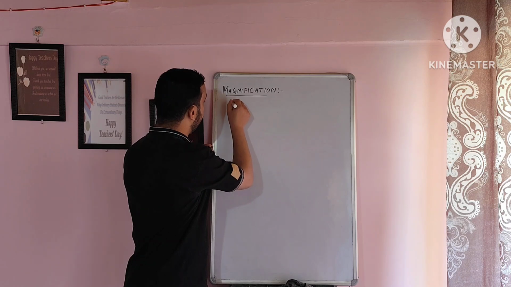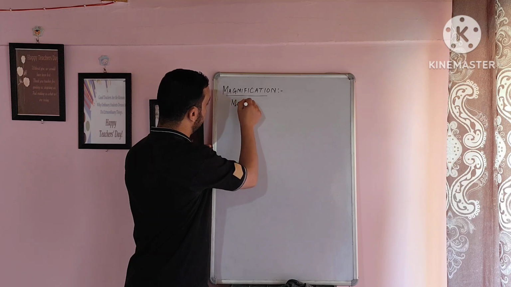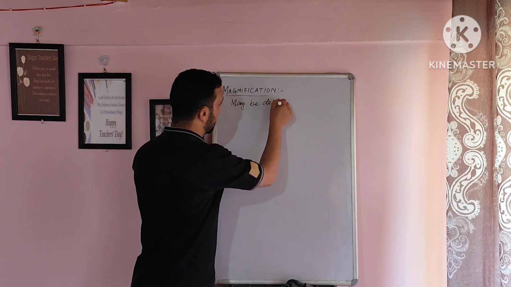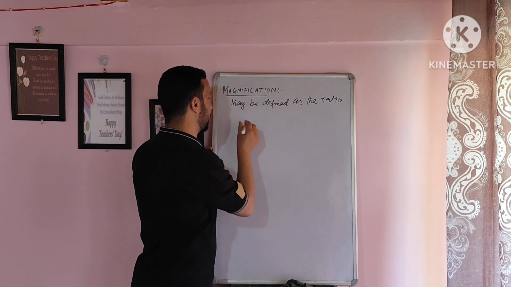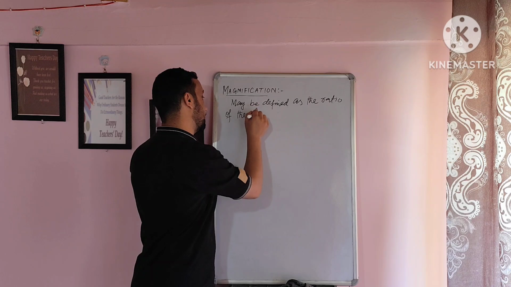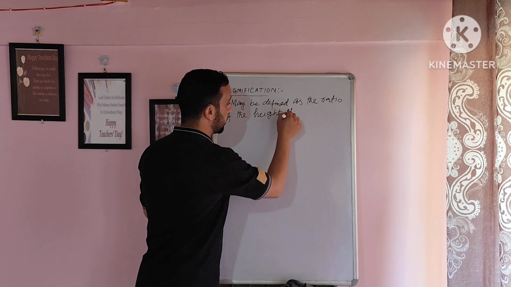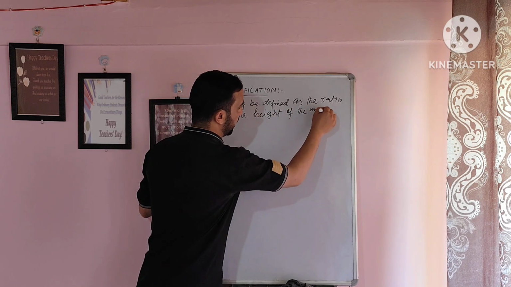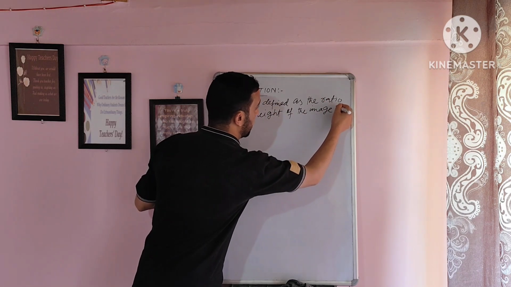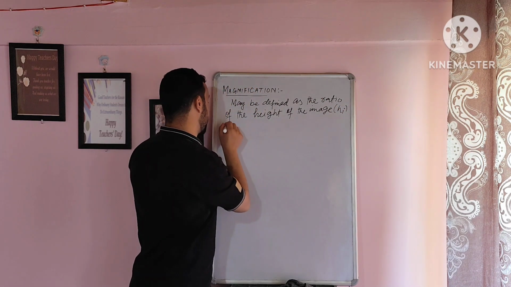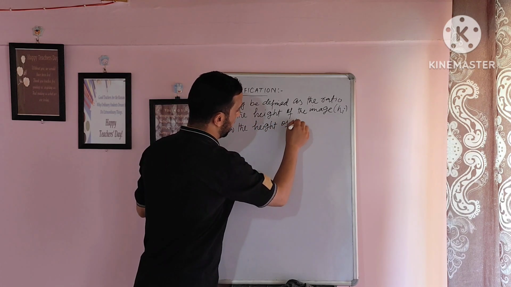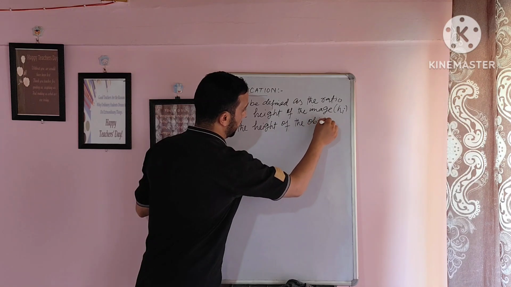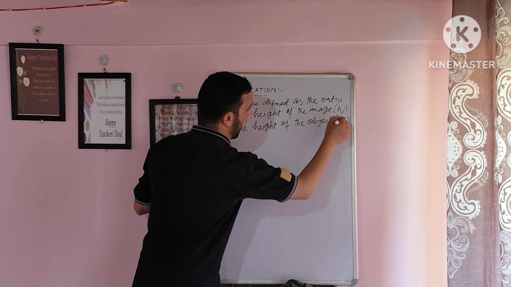it may be defined as the ratio of the height of the image, which will be represented by hi, to the height of the object, which will be represented by ho.